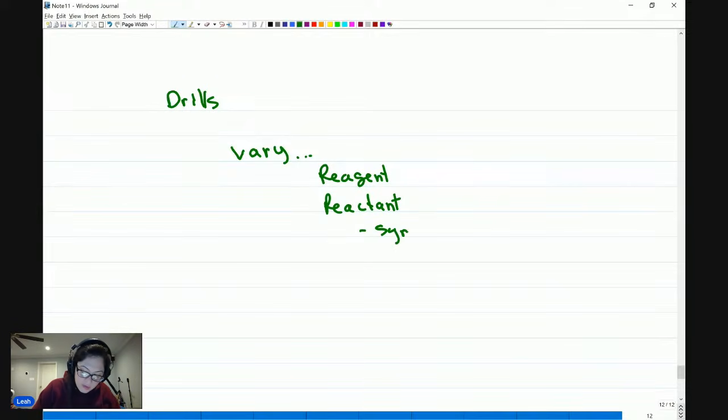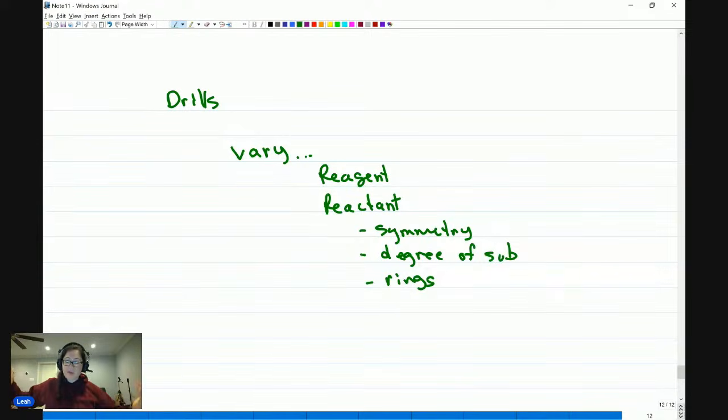You can add symmetry or take away the symmetry. You can change the degree of substitution. You can use rings to make it scarier, because somehow professors love scaring you with rings. You can change the functional group, FG for functional group, and on and on and on.